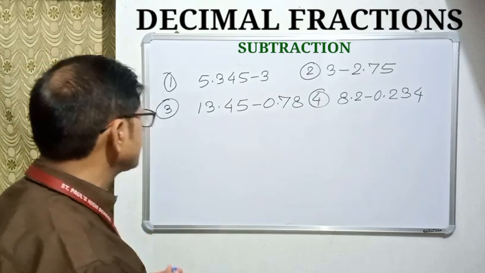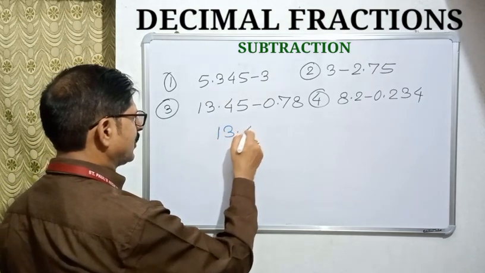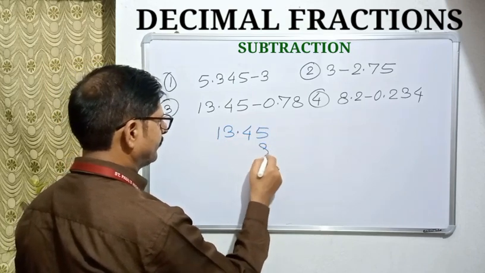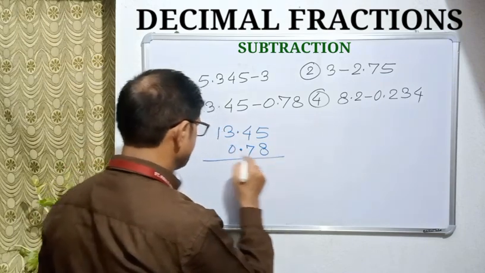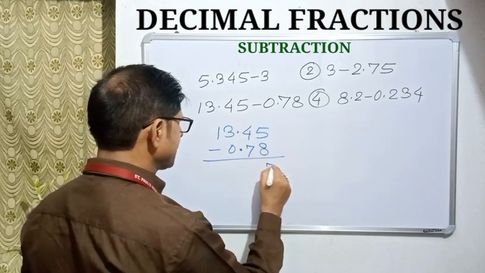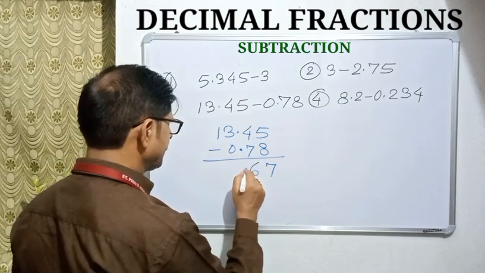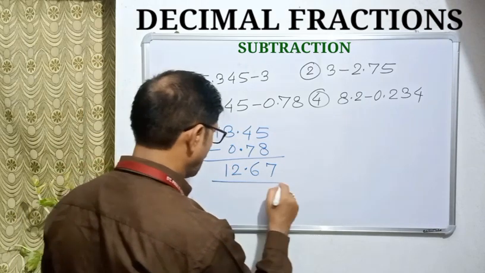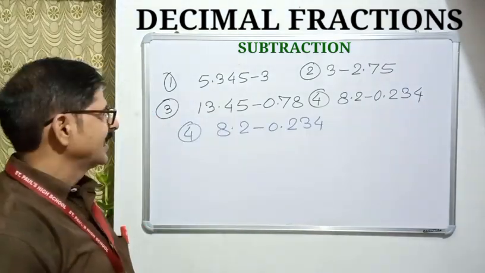So you need not do anything, simply arrange them in rows and columns and subtract as you do for the whole numbers. 15 minus 8 is 7. 13 minus 7 is 6. This is 2, 1. I hope you would have no problem in doing this.